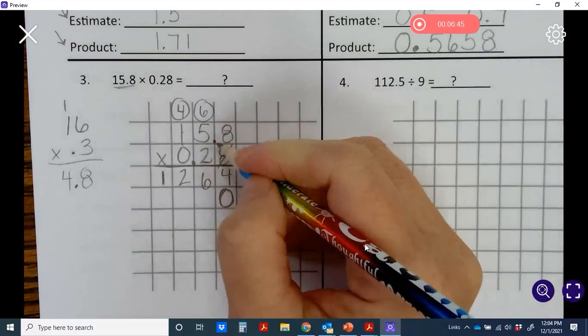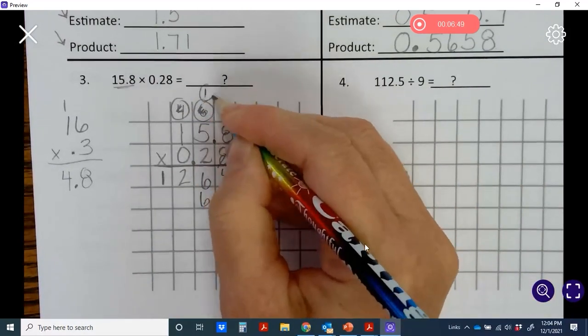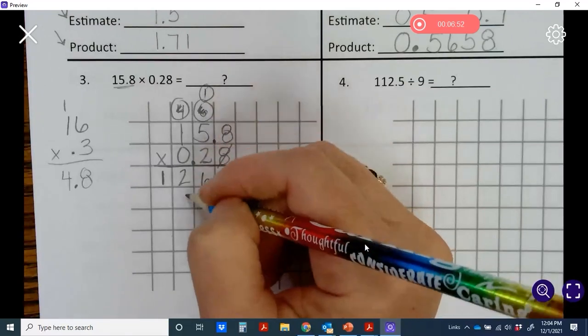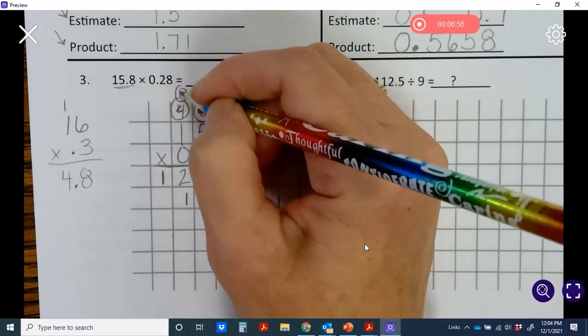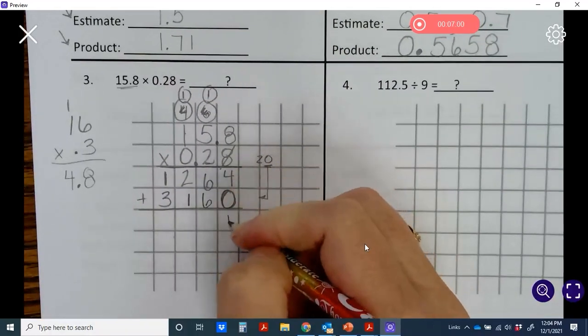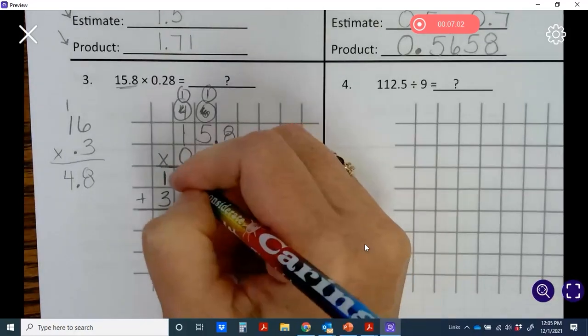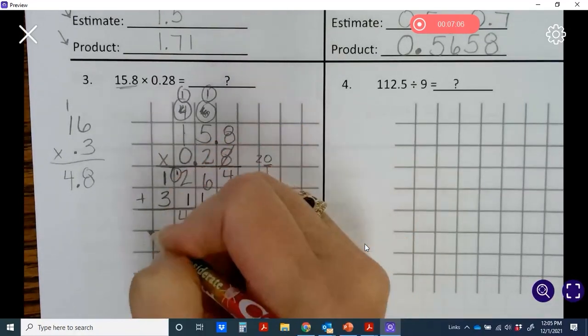Okay, 2 times 8 is 16, carry the 1. 2 times 5 is 10, plus 1 is 11, carry the 1. 2 times 1 is 2, plus 1 is 3. We're going to add our answers together. We have 4, 12, carry the 1. 2, 3, 4, 3, 4.